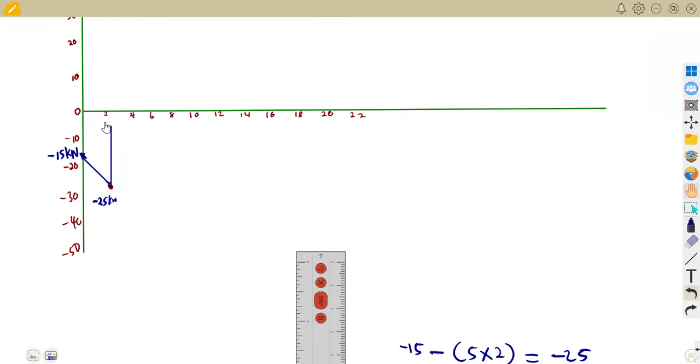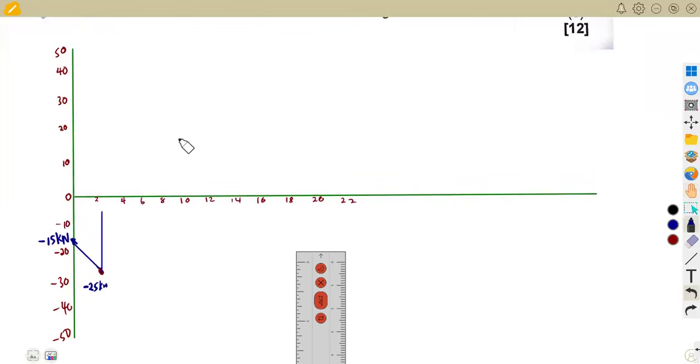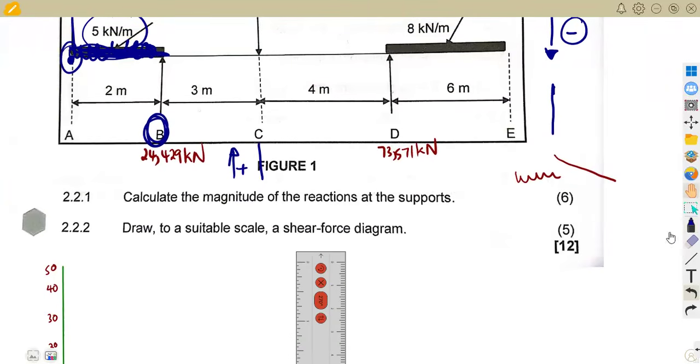Somewhere there, we're going to have negative 0,571. All right, negative 0,571. Okay, let's see what is happening there. At this point B, from B to C, there's nothing.